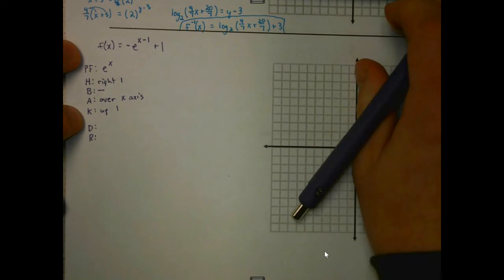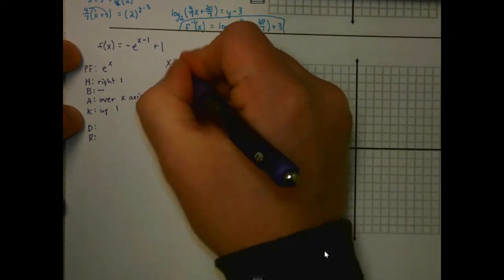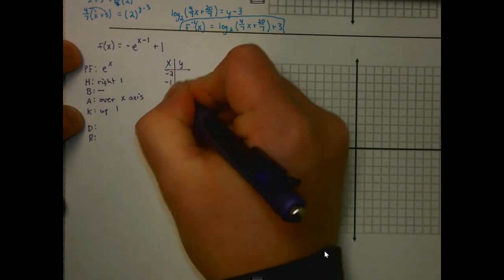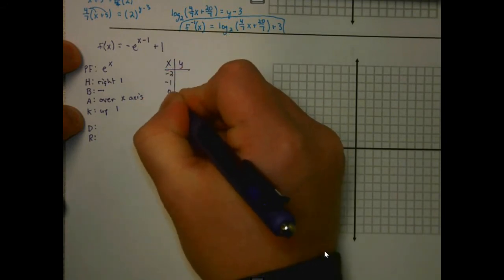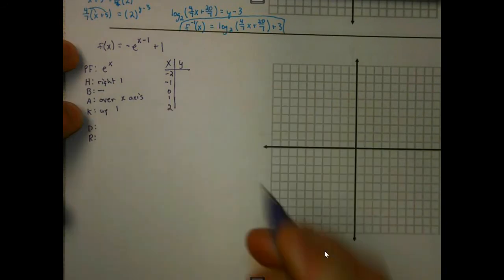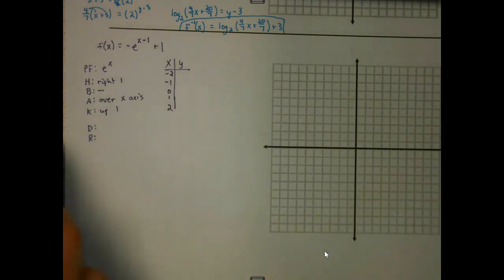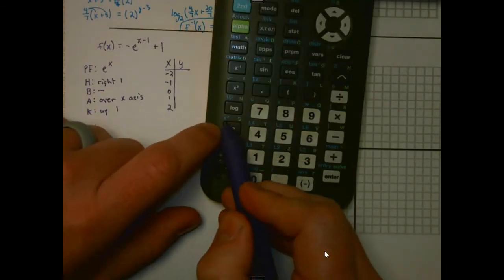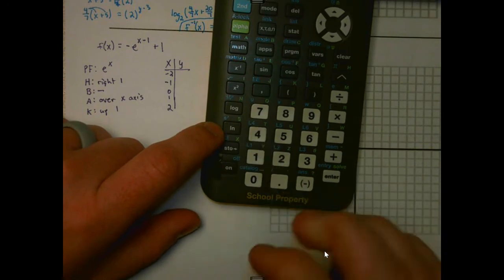Okay, so for this parent function, we have our table of values here, and we're going to do the same starting values. Remember, e is a constant, and e is actually right here on your calculator. It's connected to ln because they're inverses.